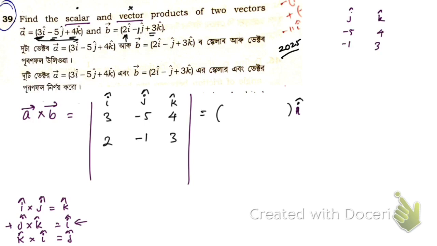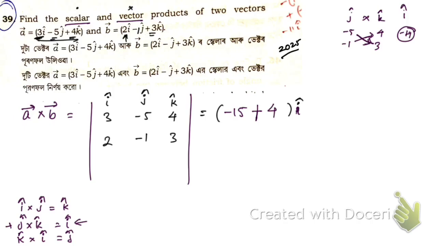So cross product should be started from this side, because I cap is equal to J cross K. So it's going to be minus 15, then again minus, then minus 1 into 4, that's going to be minus 4, but we have a minus here, so it's going to be plus 4, right?